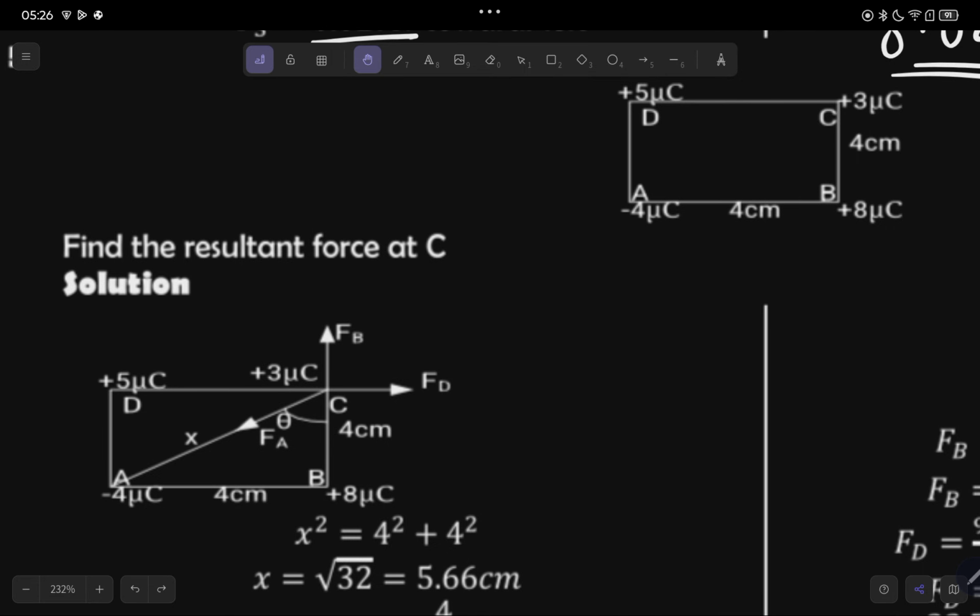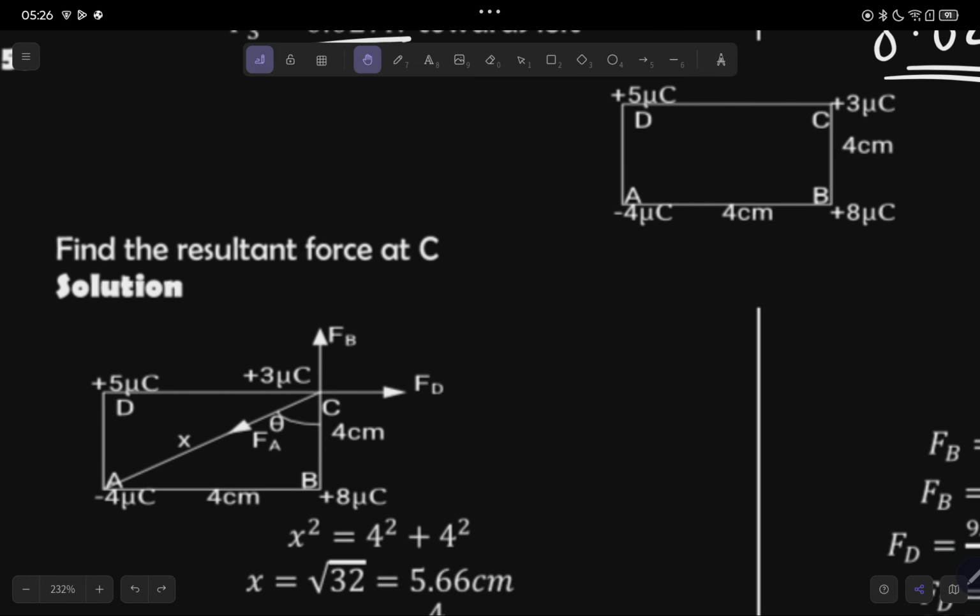I begin with the charge at D, with how the charge at D affects our charge at C. The charge at D is positive 5 microcoulomb. The charge at C is positive 3 microcoulomb. These are like charges, so the positive 5 microcoulomb will push away the 3 microcoulomb with the force Fd.